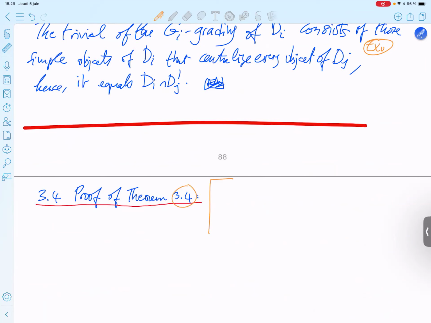Theorem 3.4. Let C be a braided fusion category, and let D in C be a fusion subcategory.